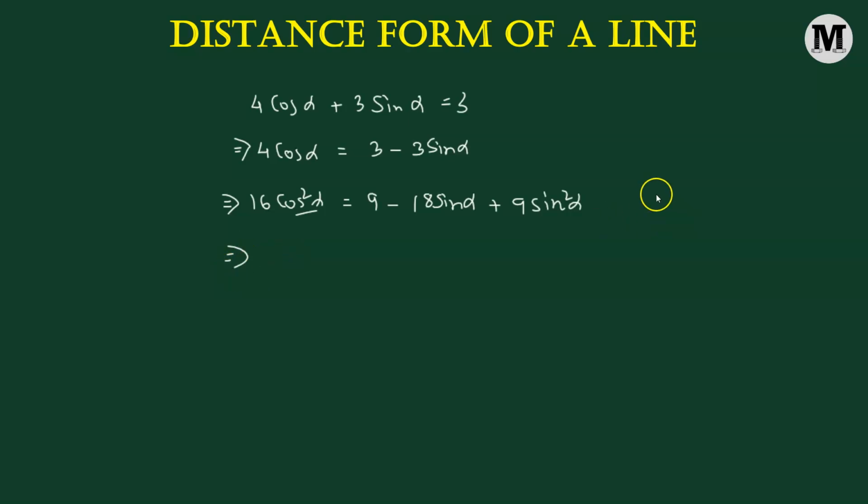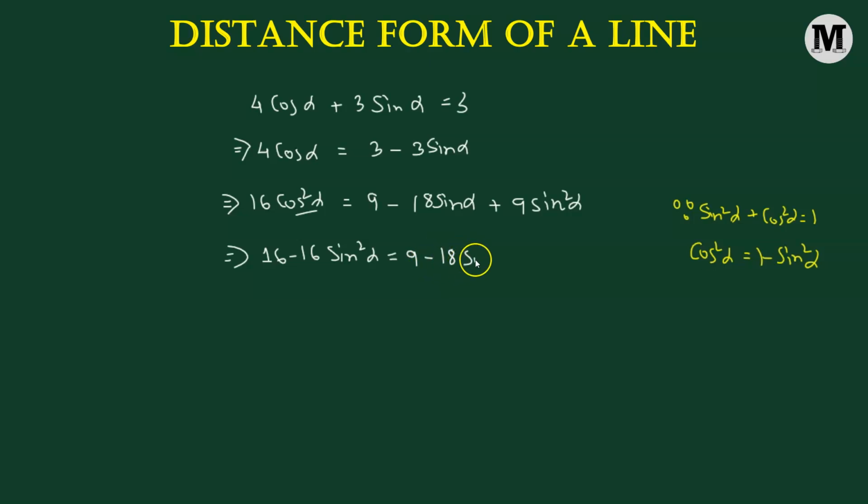So here we are going to take the help of the fact that sine squared alpha plus cosine squared alpha equals 1, so in place of cosine squared alpha we can rewrite it as 1 minus sine squared alpha, which means that 16 times cosine squared alpha is simply going to become 16 minus 16 sine squared alpha equals 9 minus 18 sine alpha added to 9 times sine squared alpha.